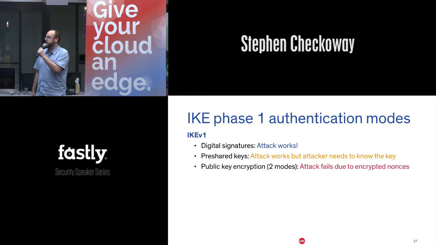For pre-shared keys, the attack works, but the attacker needs to know the pre-shared key. So if you have a weak key, then this isn't a problem. And if you have a strong key, then the attack doesn't work. And for public key encryption, the attack simply fails because the nonces are encrypted, and we need to see the nonces in clear text in order to perform the attack.